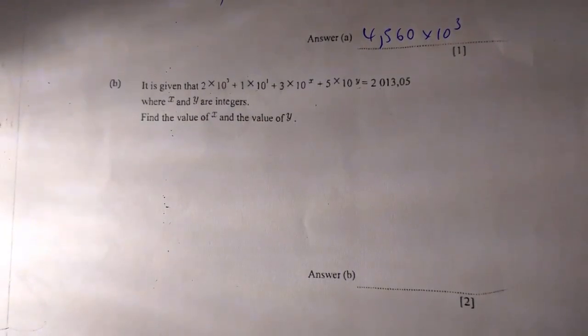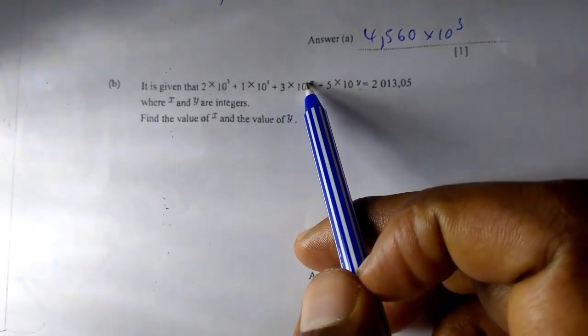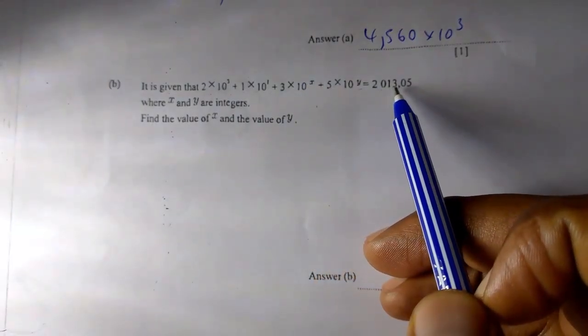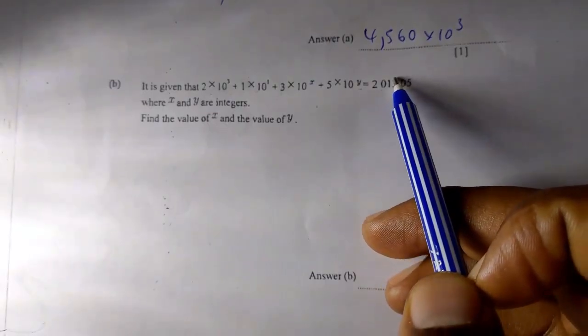So in order to get the value of x and the value of y, we just need to look at the values of the numbers which we are multiplying with. So here, this is 3 times 10 to the power x, and we can see here that the 3 is in units.